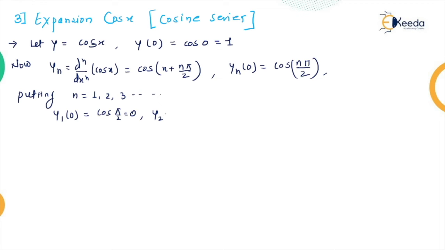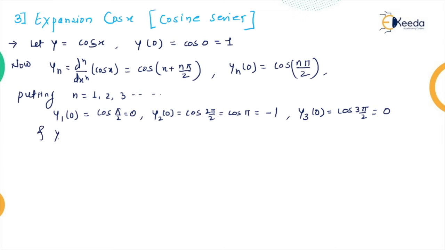Also y2 of 0 is cos of 2 pi divided by 2, so we get cos pi, that is cos 180, which is minus 1. If we substitute y3 of 0, we get cos of 3 pi divided by 2, which becomes 0.